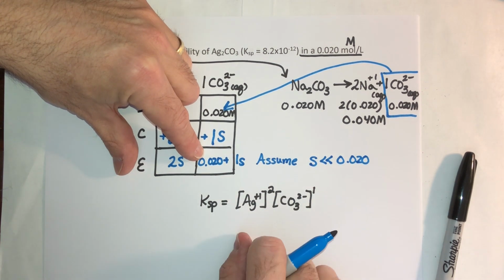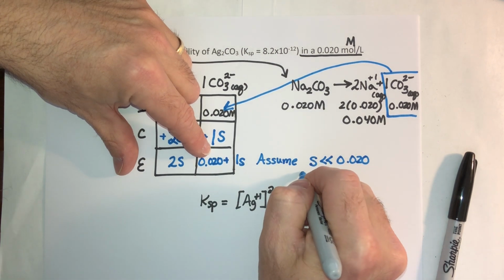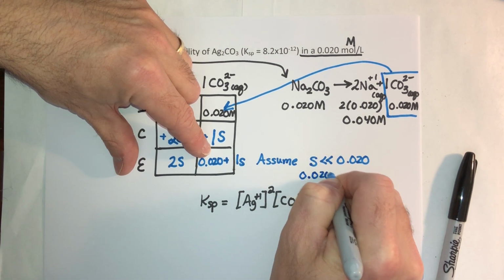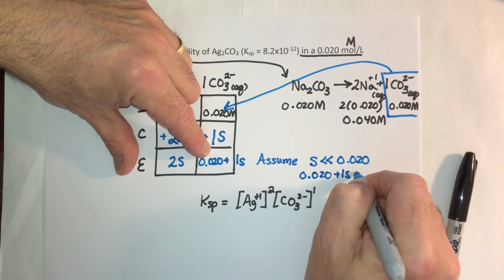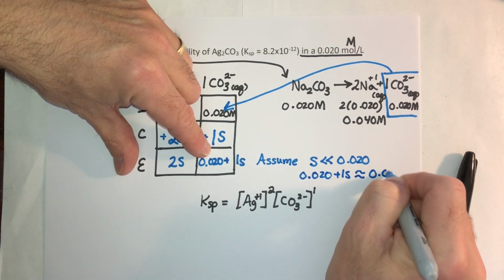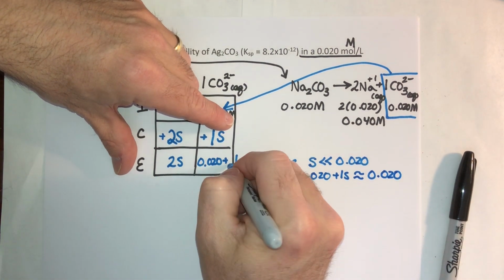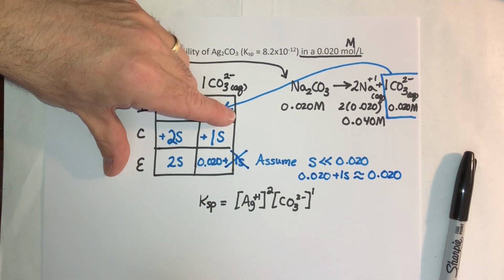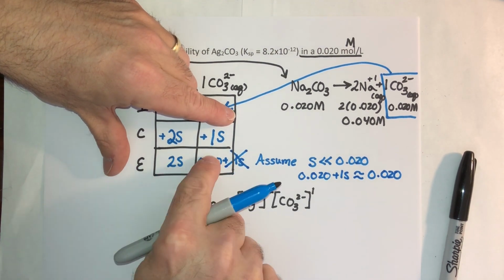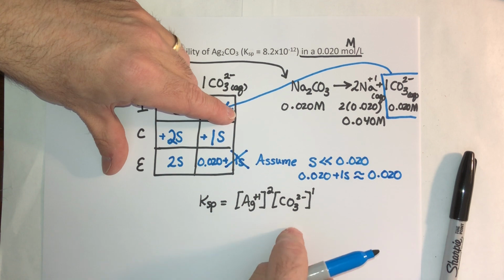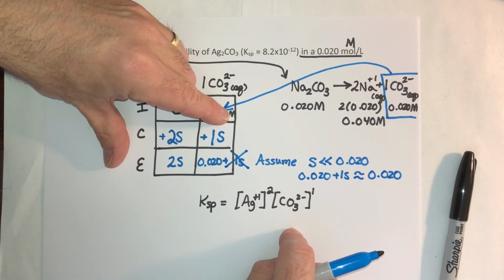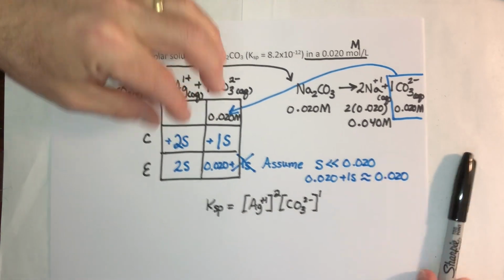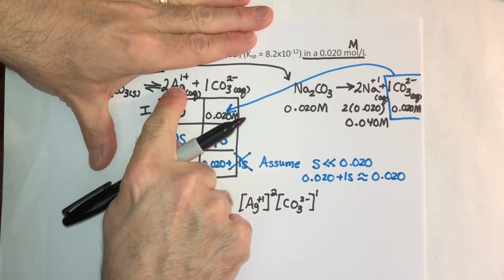It's so much tinier. Because that will allow me to say that 0.020 plus 1S is approximately 0.020, right? It basically allows me to get rid of the 1S. Because when I substitute them in, this will make my problem so much nicer. Okay, so let's substitute them in. How much silver do you have?